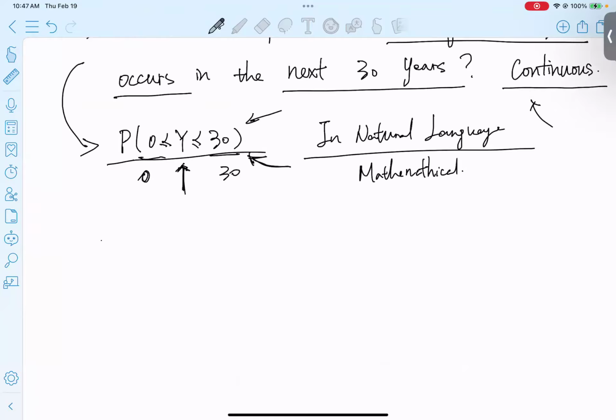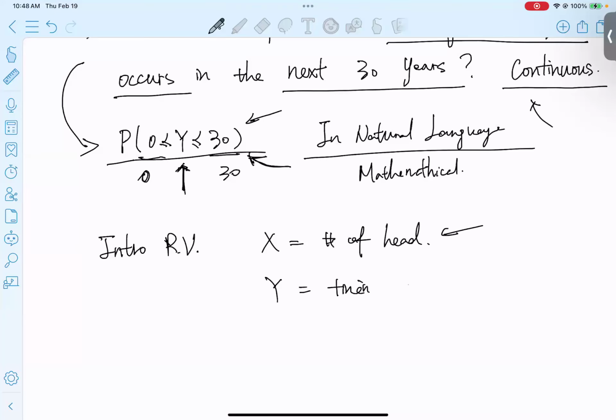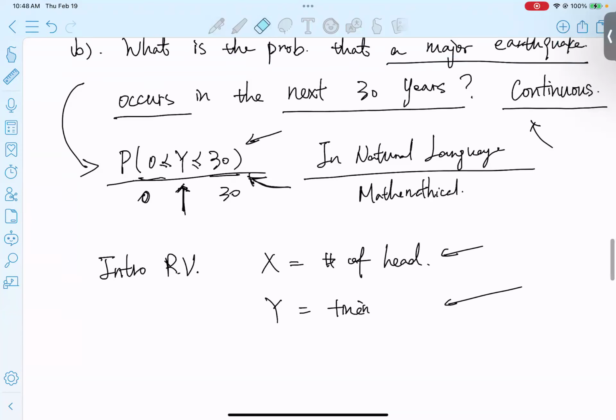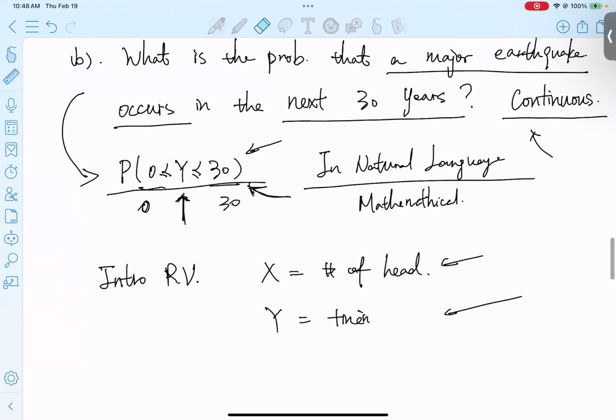So when you're introducing random variables, you have to define them properly. So here X is the number of heads, let's say in a coin flip, and then Y is the timing. When we're using natural language, things will be confusing. So it's like the timing that the next earthquake happens.